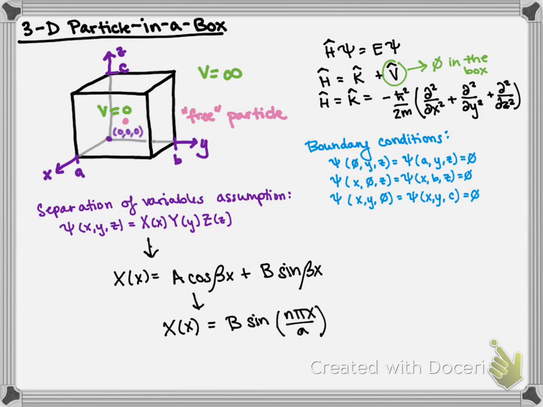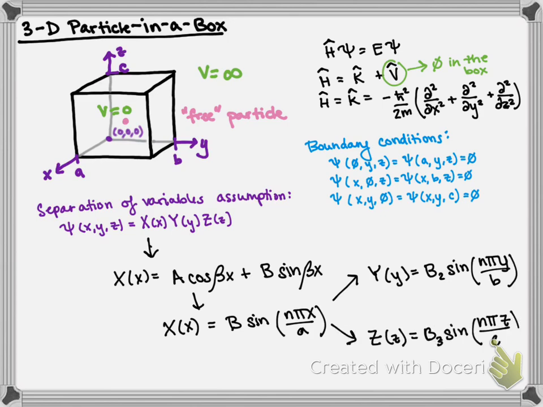And because of our boundary conditions, our X of x function would go to some b sine n pi x over a. Similarly, we would see that y will follow the same trend, so the function for y would end up being some b2 sine n pi y over b, and z would give us some b3 sine n pi z over c.